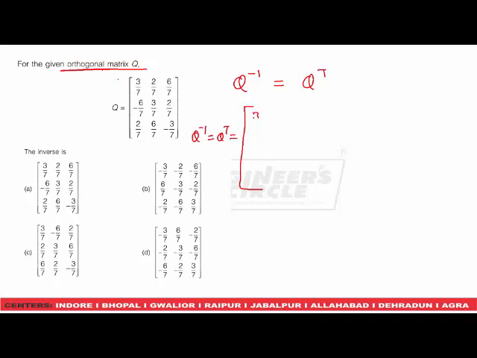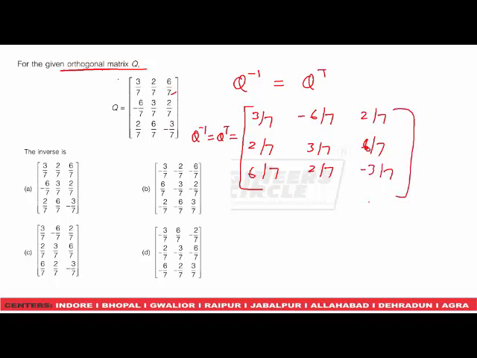So first value 3 by 7, second value will be 2 by 7 here, third value 6 by 7, and so on. This value comes here, minus 6 by 7, then 3 by 7, then 2 by 7, then this value 2 by 7 moves toward this 2 by 7, then this value here 6 by 7, and finally the same value minus 3 by 7.